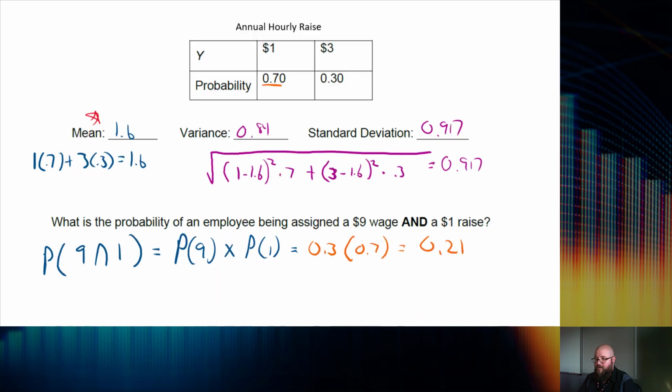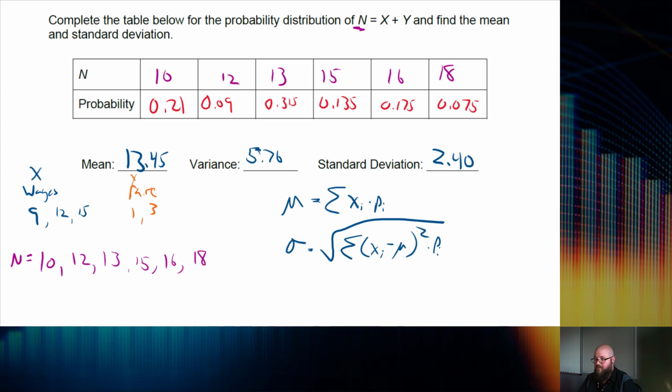And isn't that what we got right here? So the mean of n was the mean of x plus the mean of y.